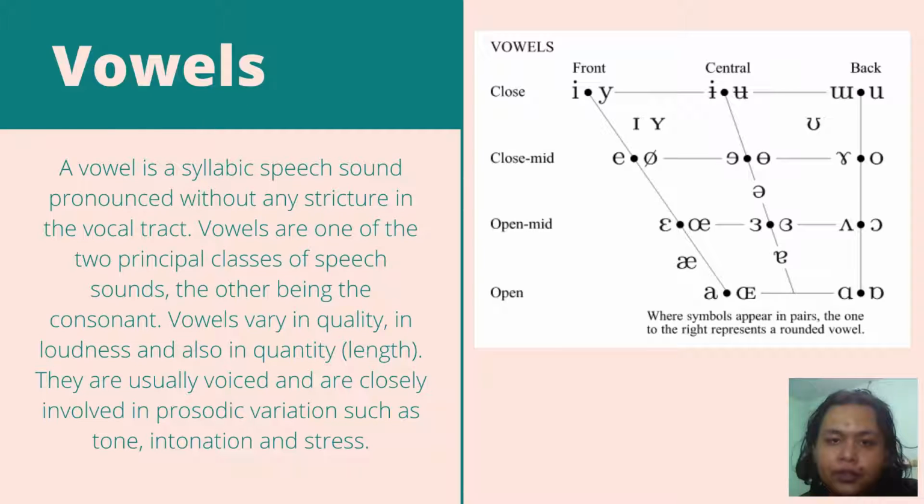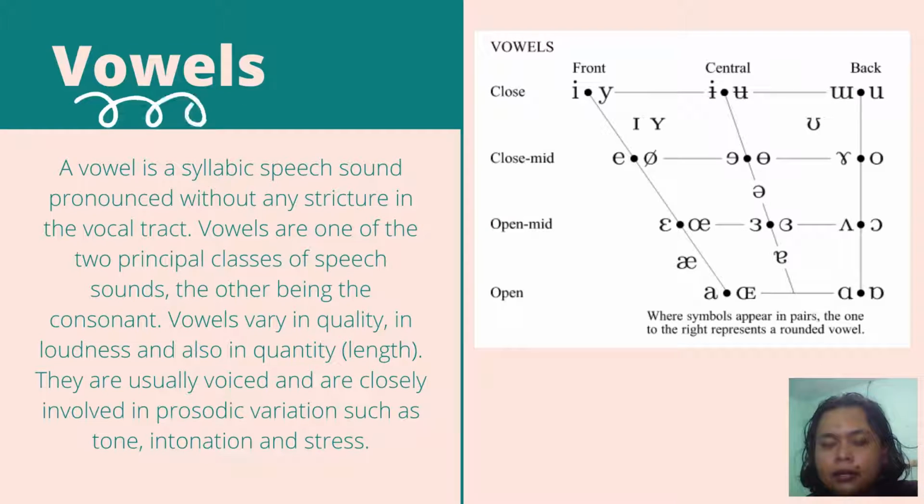They are usually voiced and are closely involved in prosodic variations, thus tone, intonation, and stress. So the word vowel comes from the Latin word vocalis, meaning vocal. So in English, the word vowel is commonly used to refer both to vowel sounds and to the written symbols that represent them.